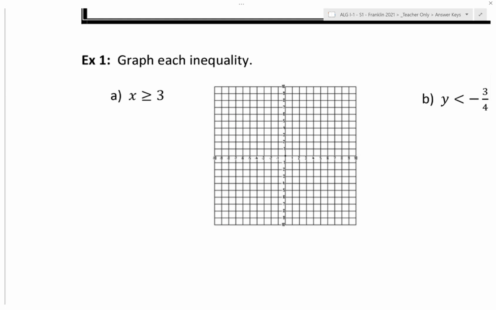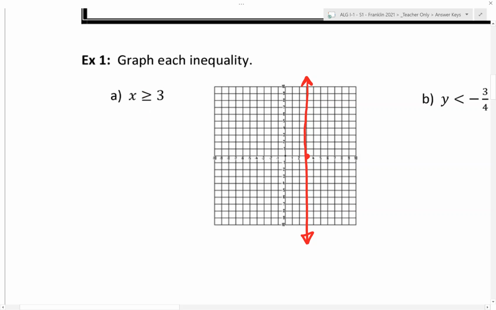So remember, x equals 3 is a vertical line through 3 on the x-axis. So we're going to graph that same line, but we'll follow the rules for inequalities. This has the equal to bar, so we'll be using a solid line. Solid line there, vertical line, through 3 on the x-axis. And then it's greater than or equal to 3.